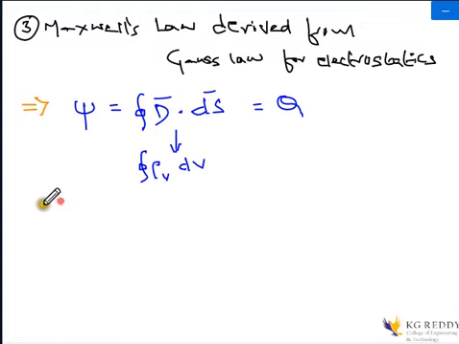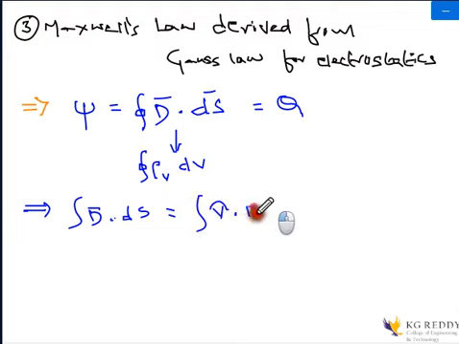And this integration of D bar dot dS, if you convert it to a volume integral as per the divergence theorem, in which we have seen that any surface integral can be converted into a volume integral. So how can it be written?